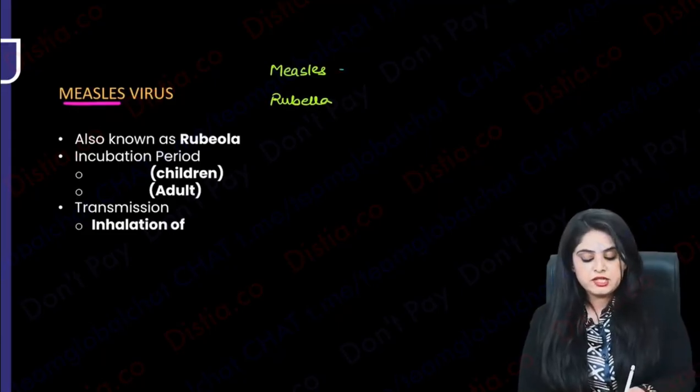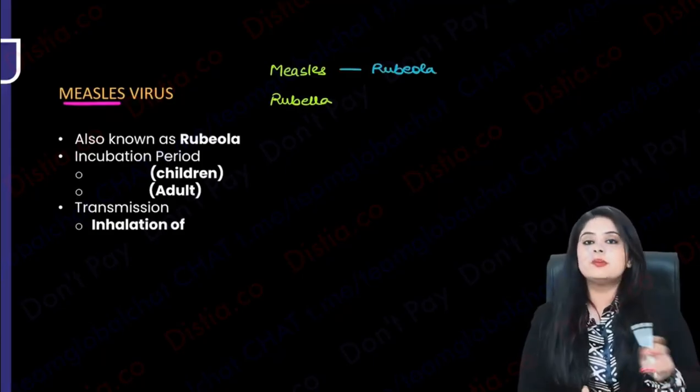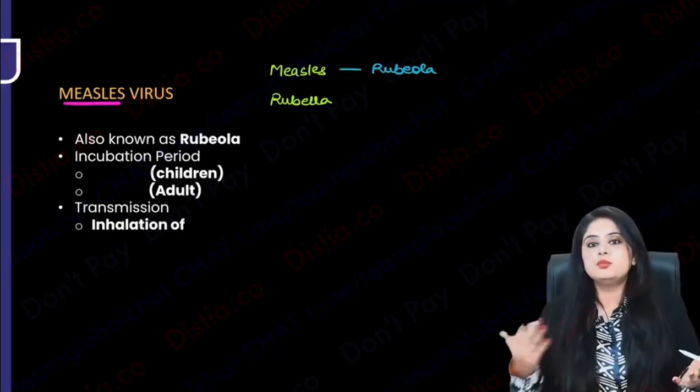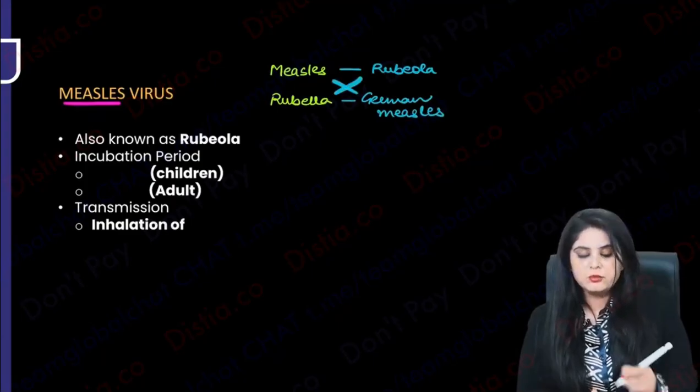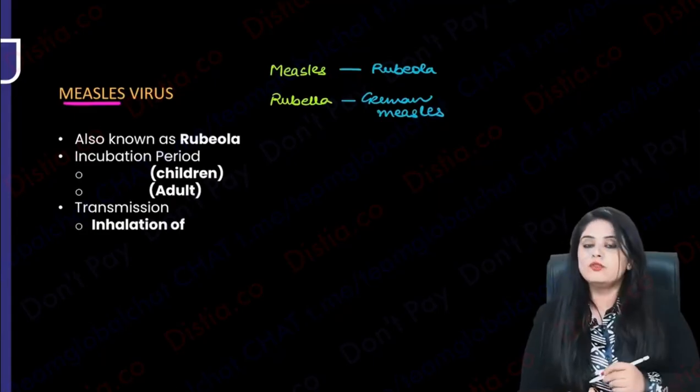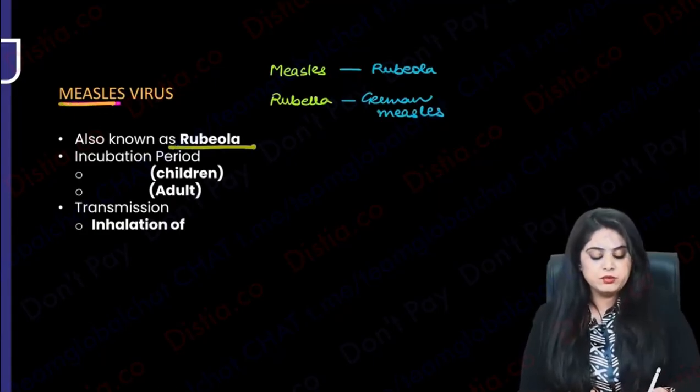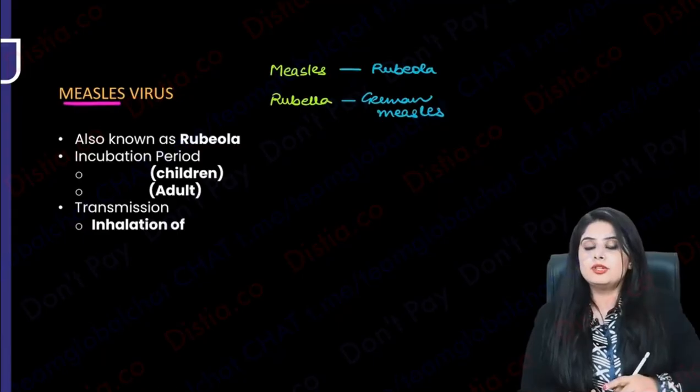Rubella is different because the other name of measles is rubeola. So you can't keep the two similar things together. So measles is rubeola and rubella is said to be German measles. So simple, keep the measles and the rubella away, keep the rubella and the rubeola away. That is the rule over here. So remember, measles is known as rubeola and rubella is known as German measles.